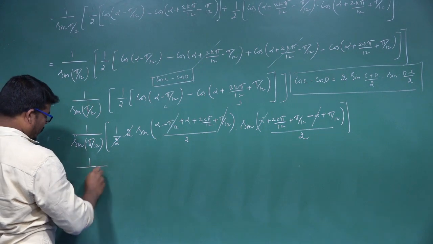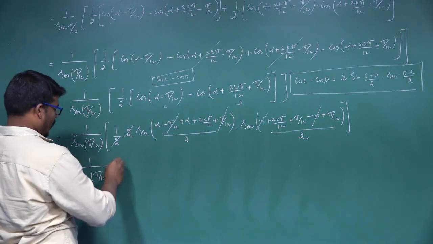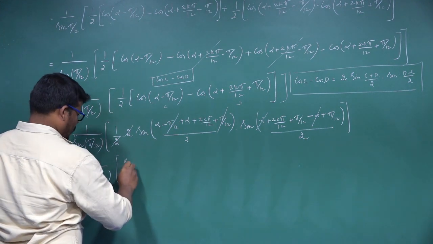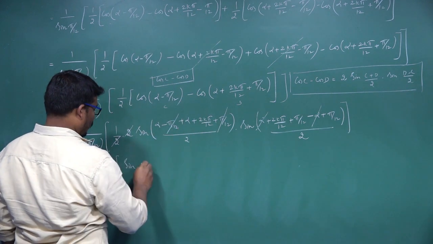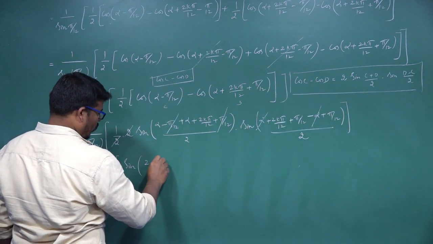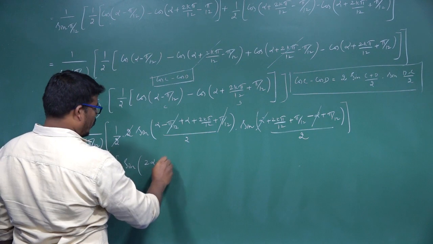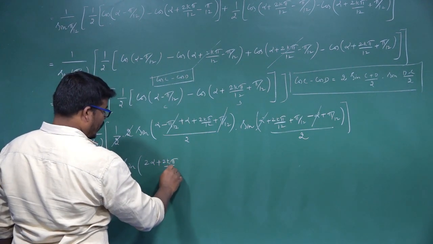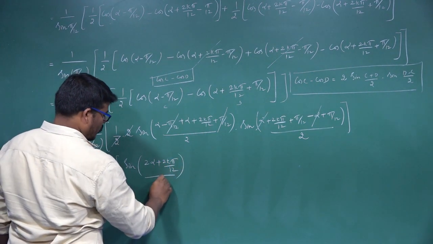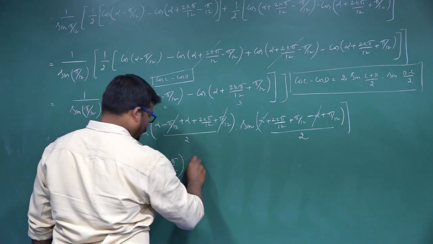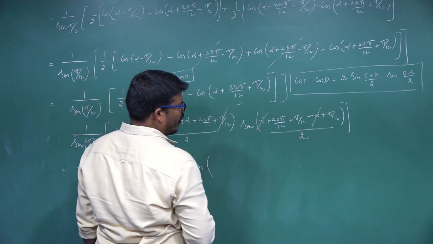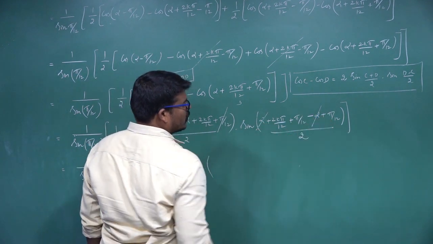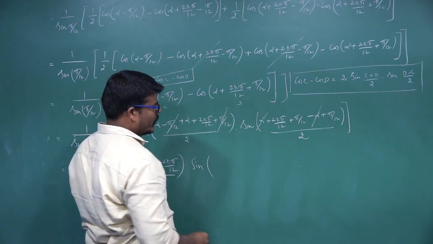That is equal to 1 by sin pi by 12 into sin of alpha plus alpha, 2 alpha plus 2k pi by 12 by 2, into sin of 2k pi by 12 plus pi by 12 plus pi by 12, 2 pi by 12.